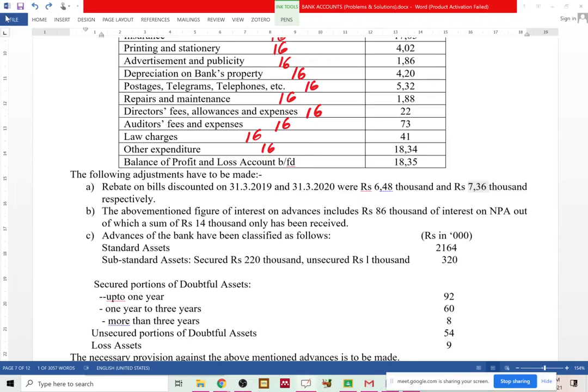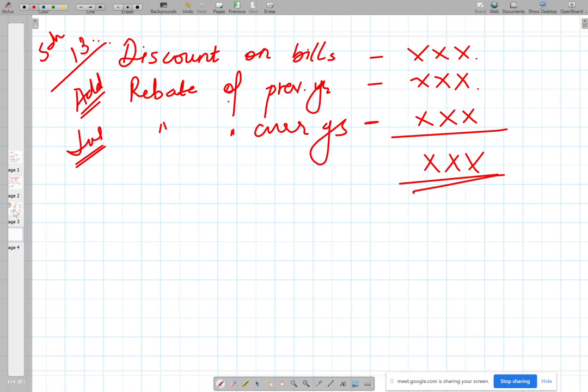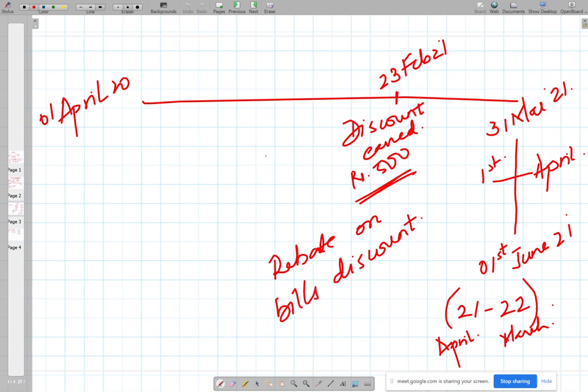According to the meaning of rebate, whatever you earn this year, if the maturity period is next year, then this full amount belongs to the next year. The 500 goes as if it has been earned during the next year. In the same way, if any bills are maturing during the next financial year, then we cannot account for that unearned discount in the current year.